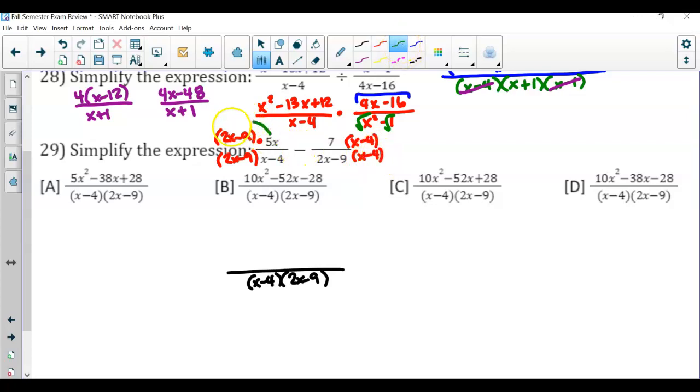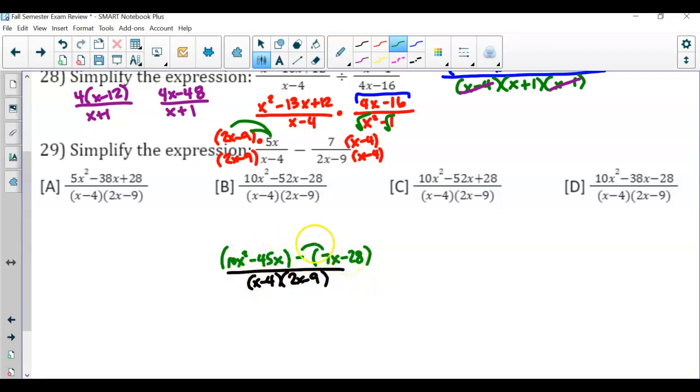So as we distribute 5x to 2x minus 9, you now have 10x squared minus 45x. Then minus, distribute the 7, so 7x minus 28. Now, because everything is over our common denominator, we're focusing on our numerator.